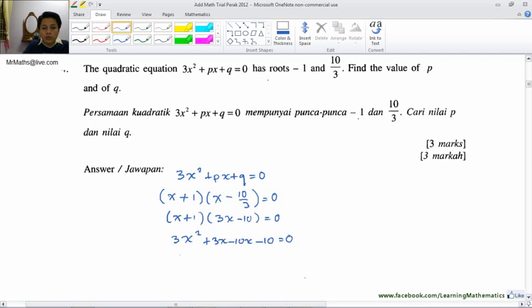Okay, so let's go and resolve that. 3x squared plus 3x and minus 10x will make it minus 7x and minus 10 equals 0. And this is actually equal to 3x squared plus px plus q is equal to 3x squared minus 7x minus 10.